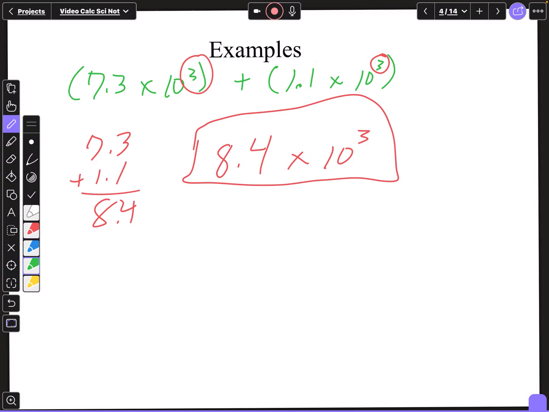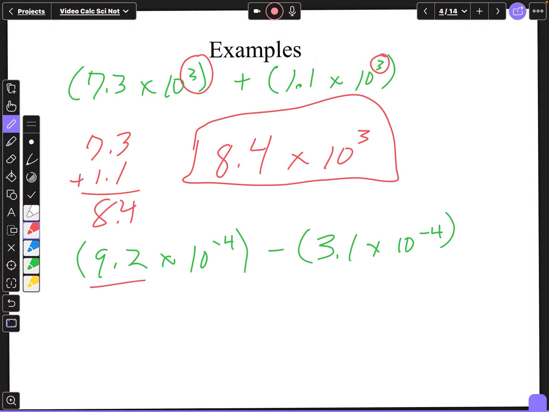If we look at one where we subtract, if I had 9.2 times 10 to the negative fourth minus 3.1 times 10 to the negative fourth. Now I'm going to subtract these two numbers.